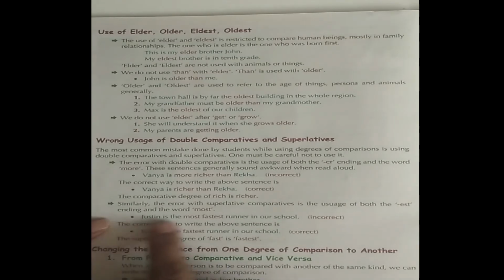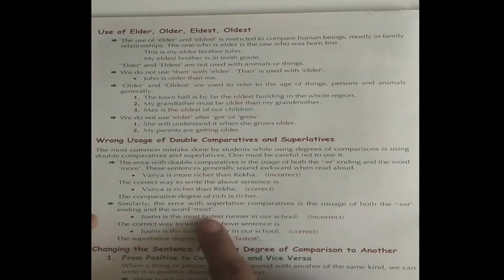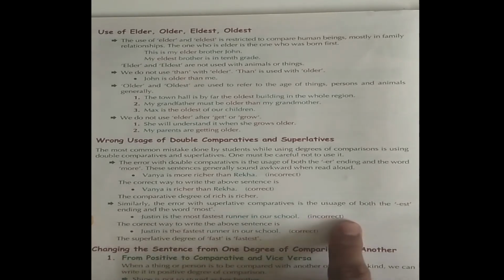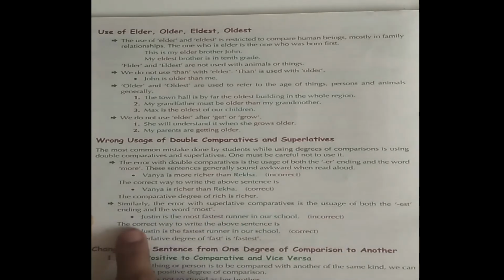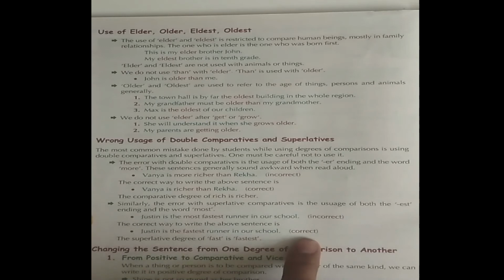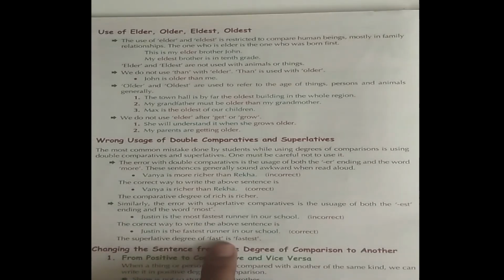Like Justin is the most fastest runner in our school. It is the incorrect use. What is the correct way? The correct way to write the above sentence is Justin is the fastest runner in our school. So the superlative degree of fast is fastest, not most fastest.